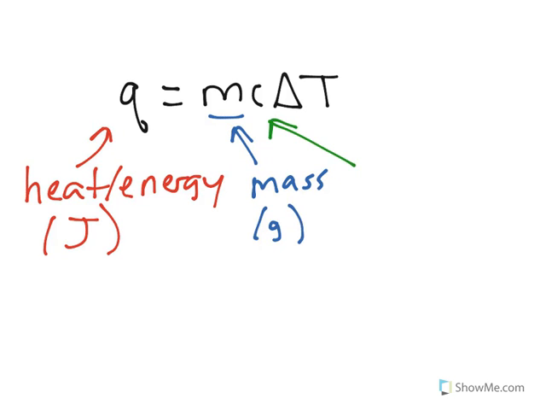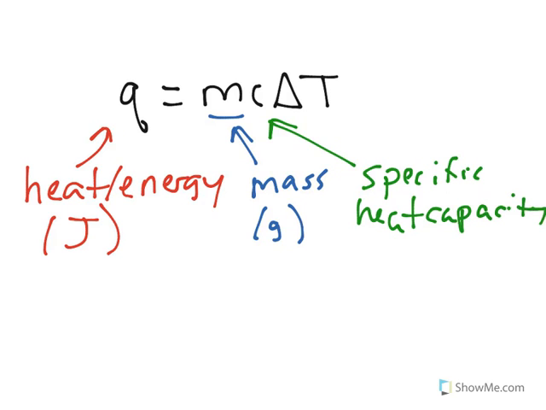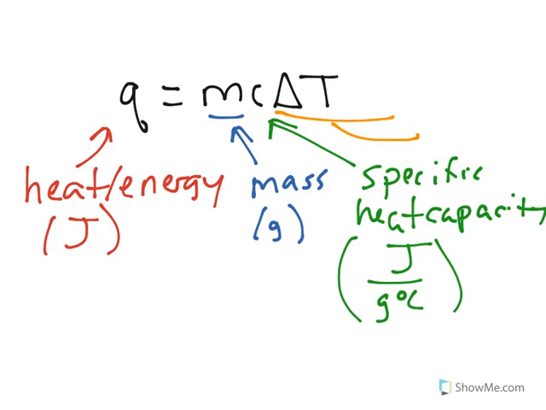We just defined c as the specific heat capacity, and we said that that's measured in joules per gram degree Celsius. And then this delta T, as you know, delta means change, so this is the change in temperature, which in this case would be measured with degrees Celsius.